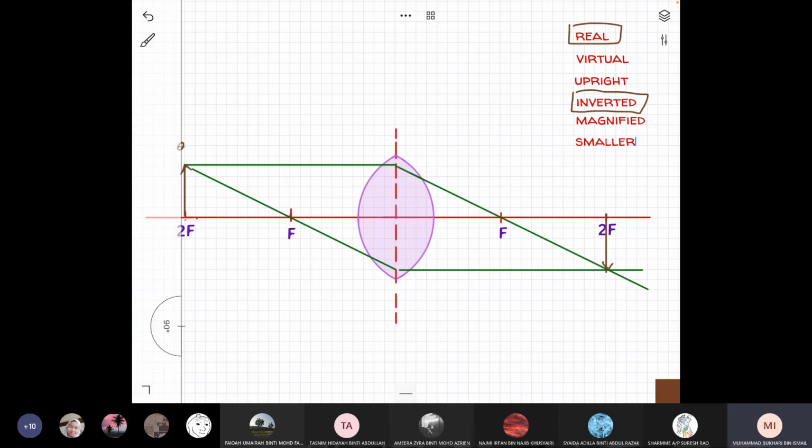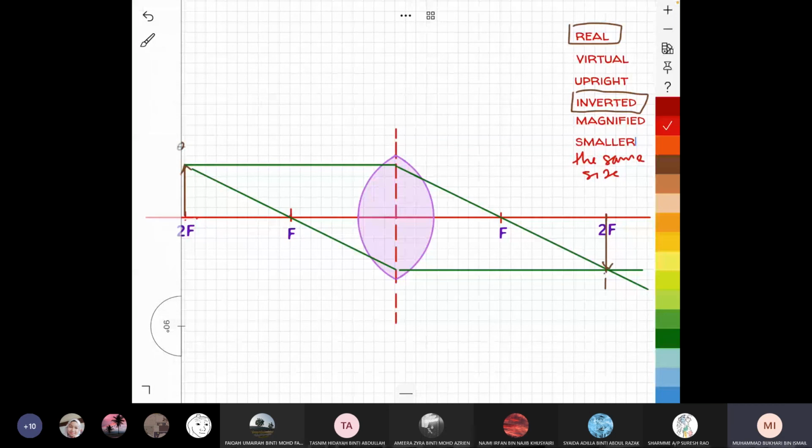It is inverted, because you can see the direction of the arrow of the image is inverted. Here is the image. And another one, is it magnified or smaller? Actually, I told you it is not magnified and it is not smaller, it is the same size.